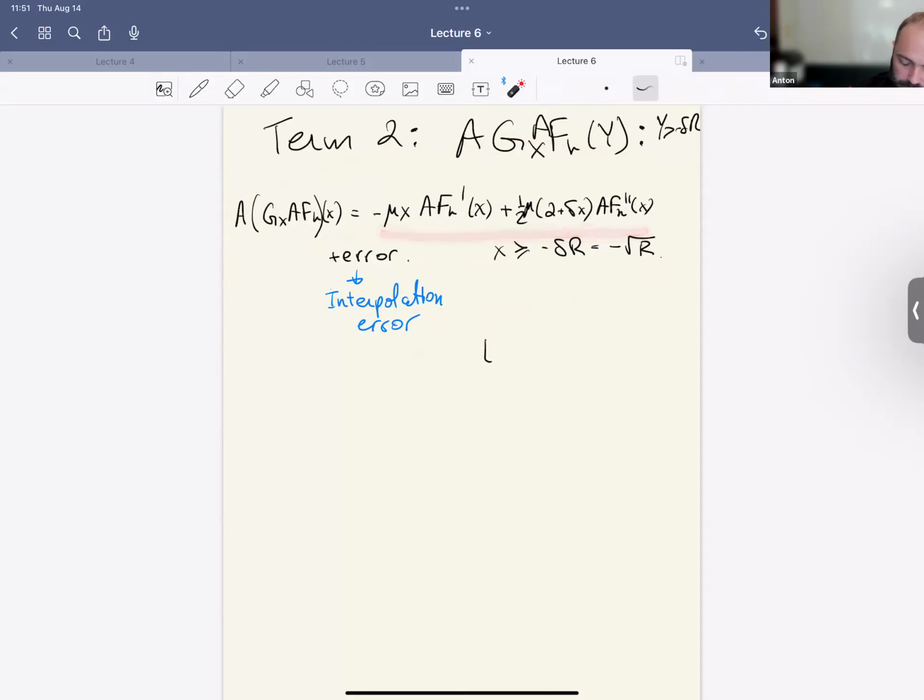And now we just need to pick our diffusion generator.